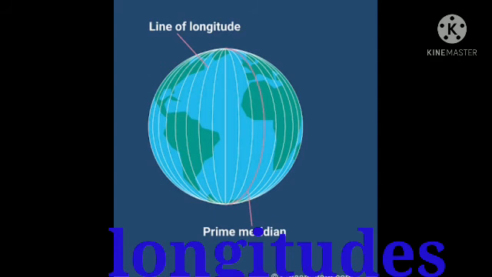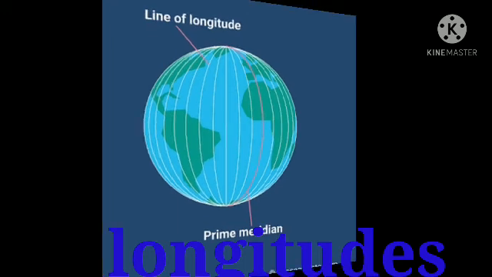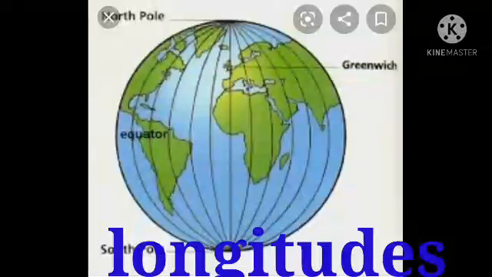The 0-degree meridian passes through the Royal Astronomical Observatory at Greenwich near London. That is why it is also called the Greenwich line, in short form GMT. It is called the prime meridian.